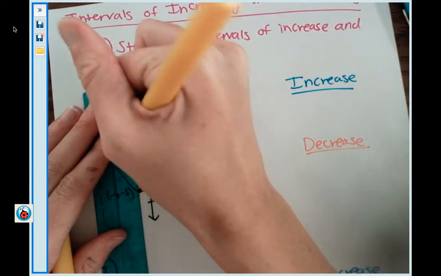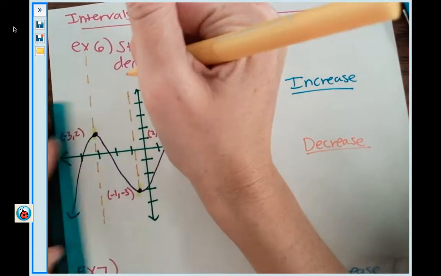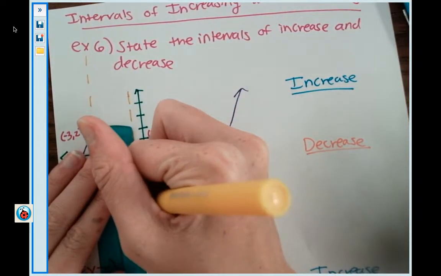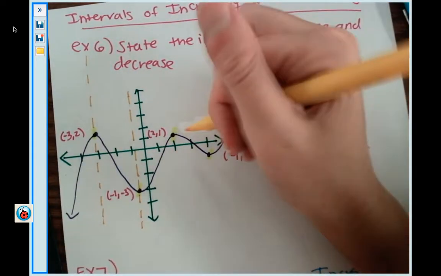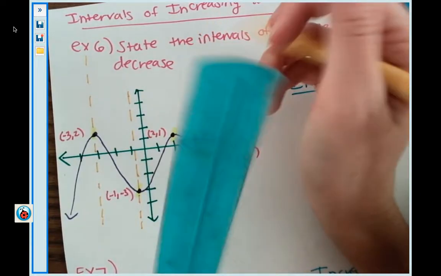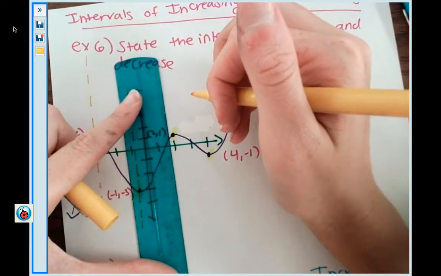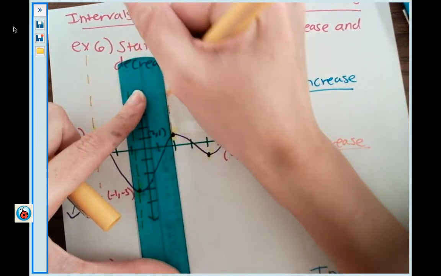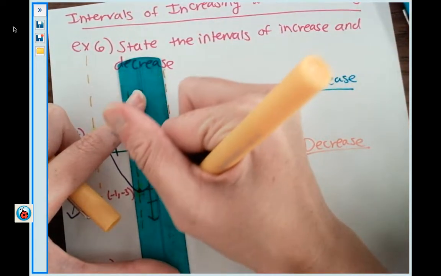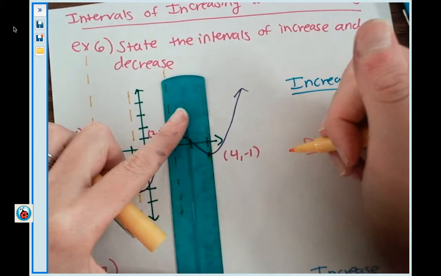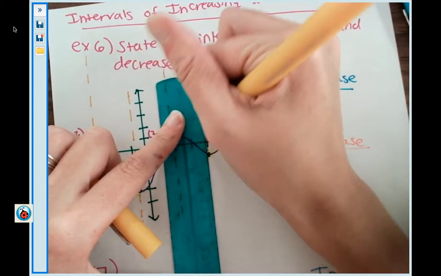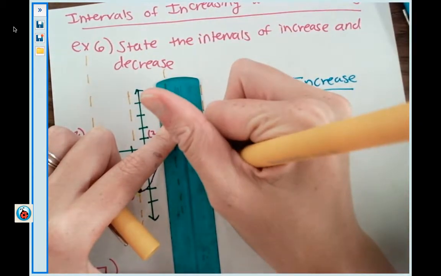Bam. All right, I'm going to draw another line through this turning point on my graph. And I have one more turning point, so I'm going to draw one more vertical line through that bad boy. Bam.